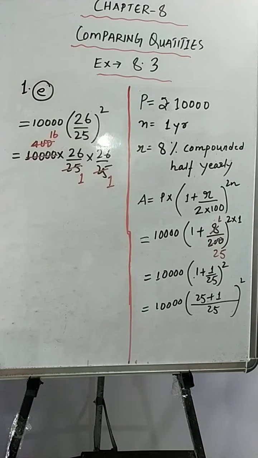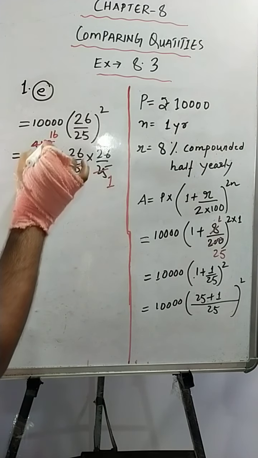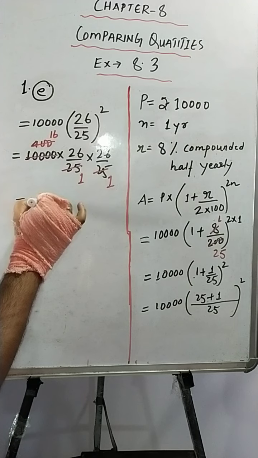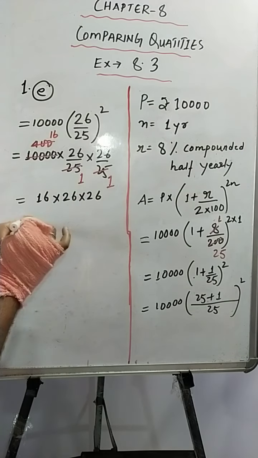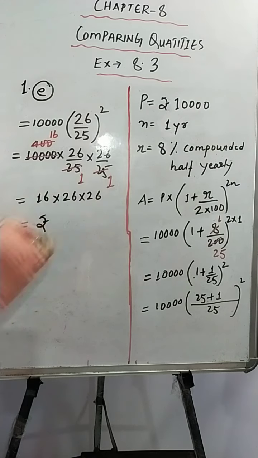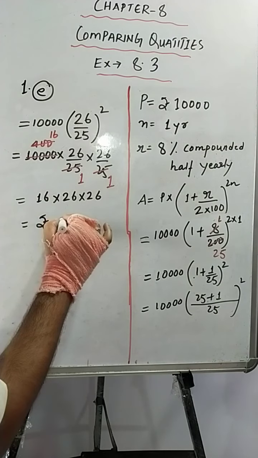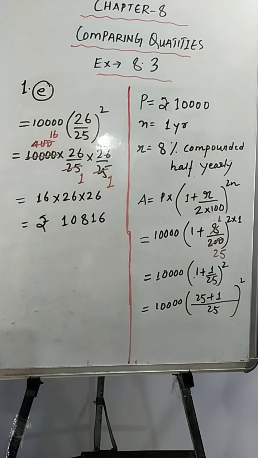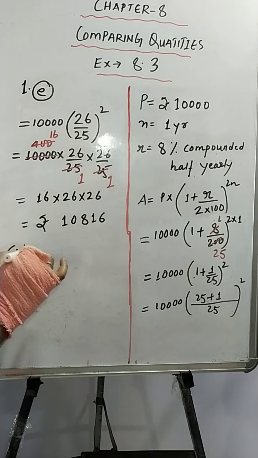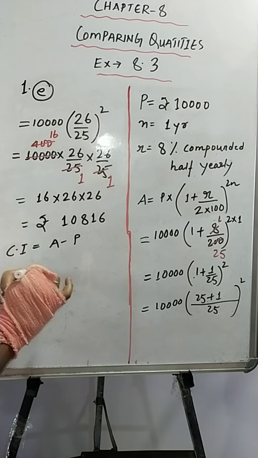Okay, so we have nothing in the denominator, only 1. So we just have to multiply all the numbers that we have in the numerator. You just have to multiply this and you get the amount. So your required amount will be 10,816. Fine.